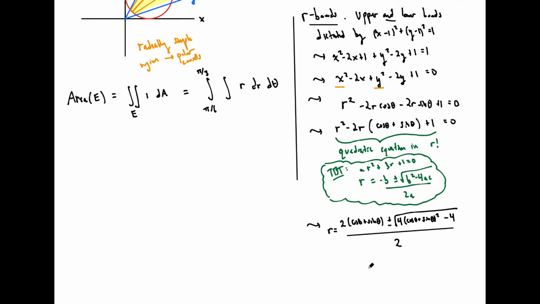And we don't have to do this, but just because we may as well, I'll simplify this algebraically a little bit. And I'll do a lot in one go. Again, this is just algebra at this point, so don't worry about it too much. But 2 over 2 is 1, so I get a cosine theta plus sine theta. Plus or minus. The 4 here I can factor out of the square root and kill off the 2 in the bottom there. So that leaves me with just the square root of.